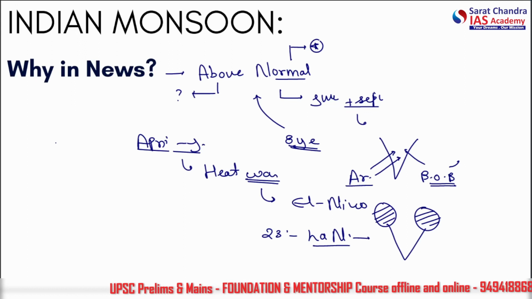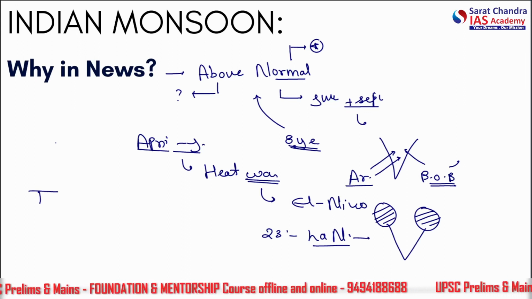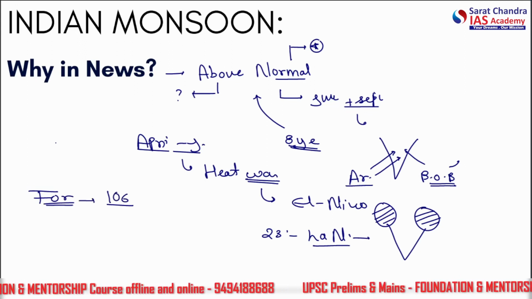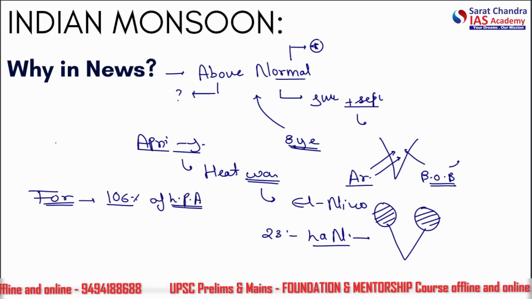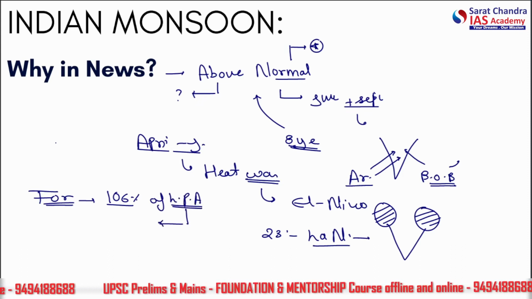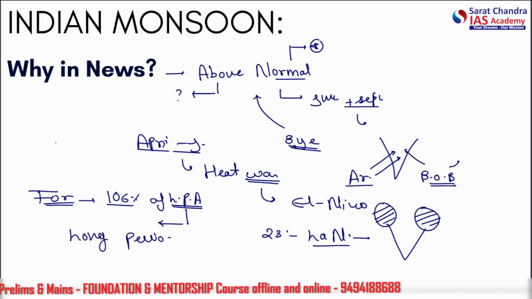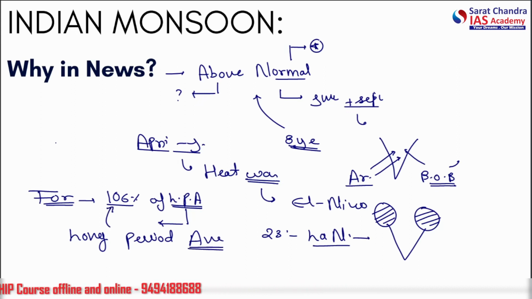Now, let us see what is the average and what is the forecast. First of all, the forecast is that we'll be receiving 106% of the LPA. Now this LPA is basically long period average. We'll be receiving 106% of the long period average for the June to September season.